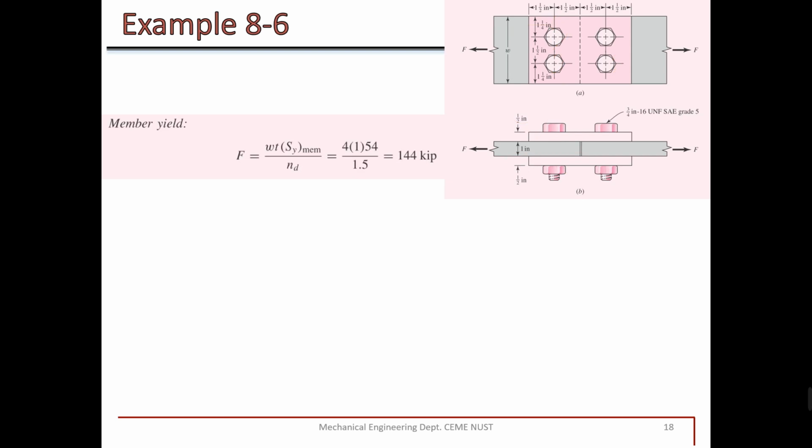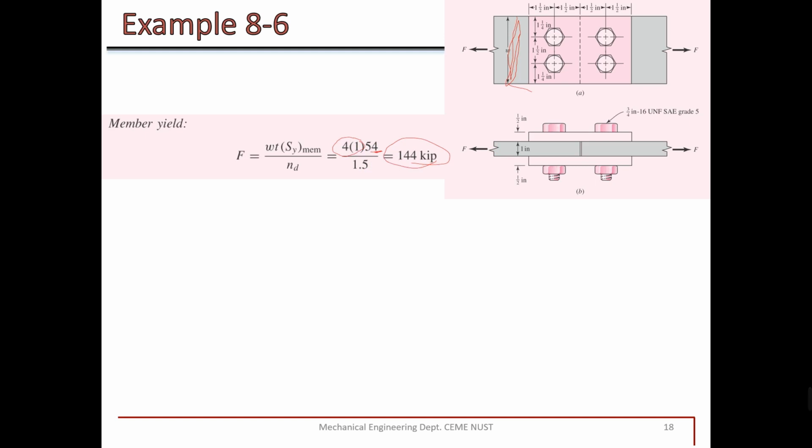And at the end, it is of no concern, but there is a possibility that this plate will also fail. For example, at this cross-section, this plate can also yield, and for this yielding, the area is this width multiplied by thickness, which is 1 inch. So 4 into 1 is the area, and 54 is the strength, and this is the highest load, 144.